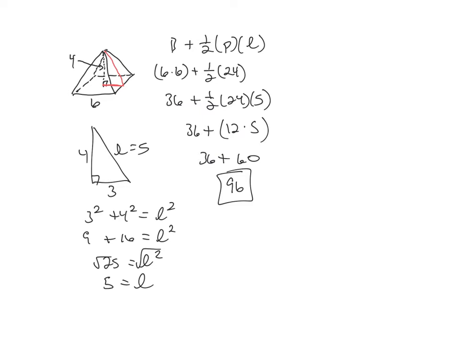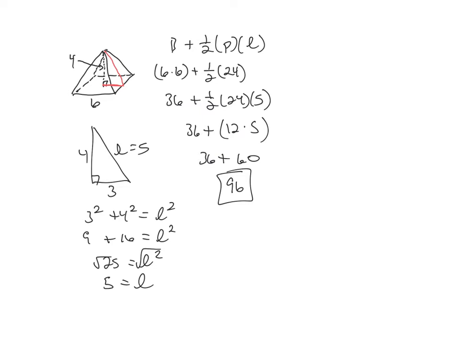Okay, so on the pyramid problems, you will either know all the information, so you'll know the area of the base, the perimeter of the base, and the slant height. The only thing you'll have to figure out on a couple of the problems is, if I give you the height or something else, you can create a right triangle and do the Pythagorean theorem.